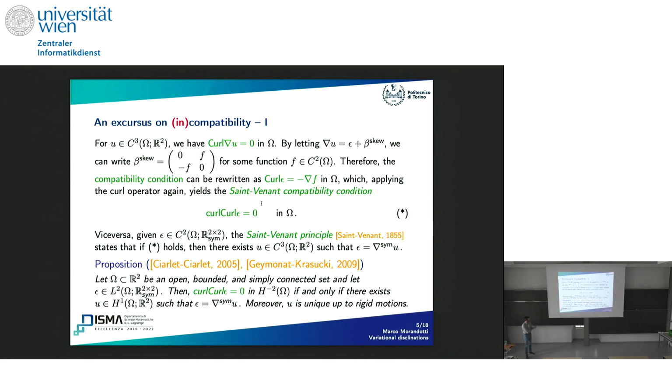So you would look for a deformation which is of class H1. And in this way, you can also obtain the fact that if this exists, then the displacement is unique up to rigid motion, because rigid motions are neglected in taking the symmetric gradient, right?